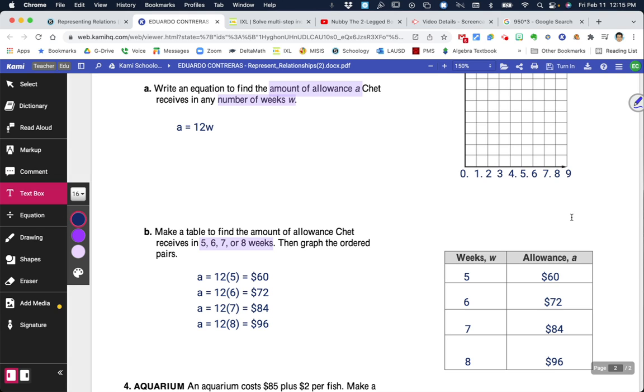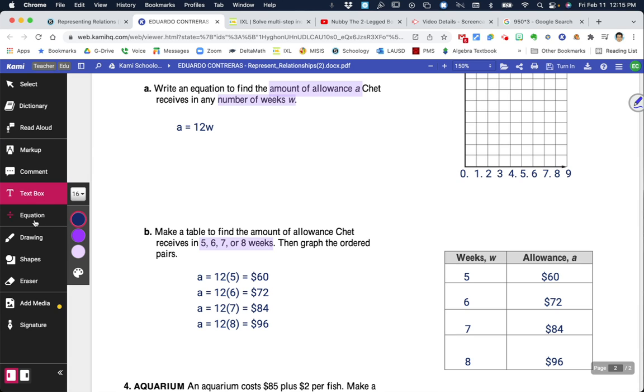We're missing one important part on this side of the graph. Before we move on to the y-axis, where we're going to measure allowance, money, how do we know what we're talking about? What is this measuring on this axis? Weeks. We have to label it with weeks.